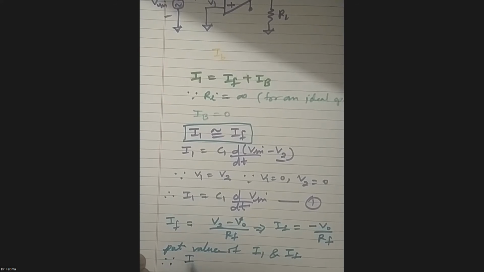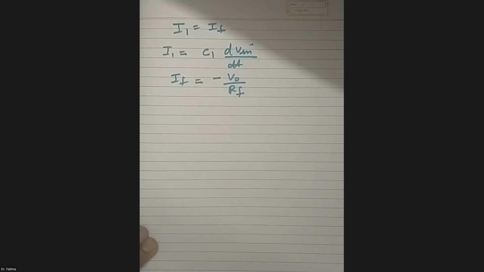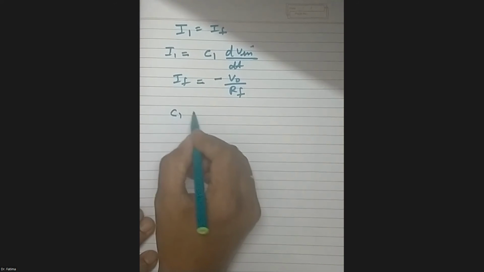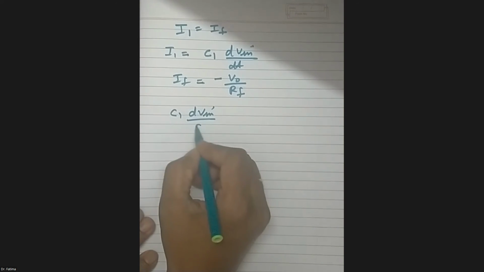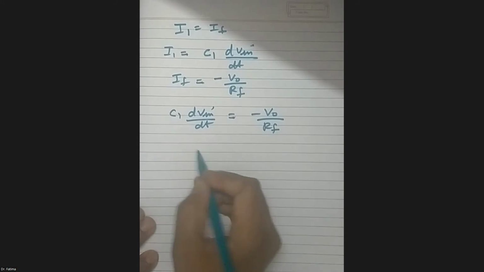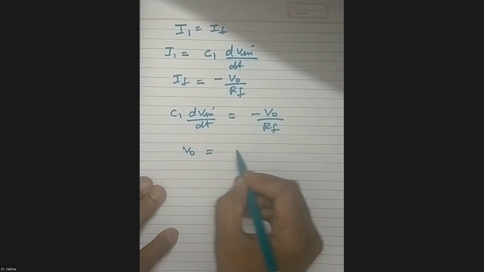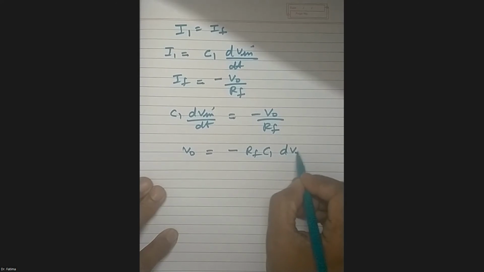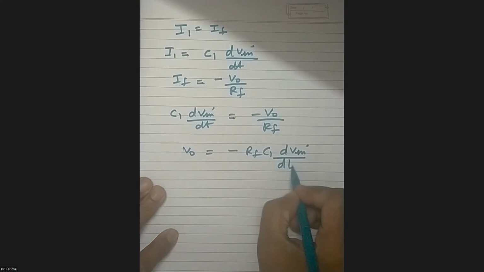Since I1 is equal to IF, now put the values of I1 and IF and do the calculation. So I can write C1 dVin by dt equal to minus V0 upon RF. So the output voltage is equal to minus RF C1 times the differentiation of the input voltage with respect to time.